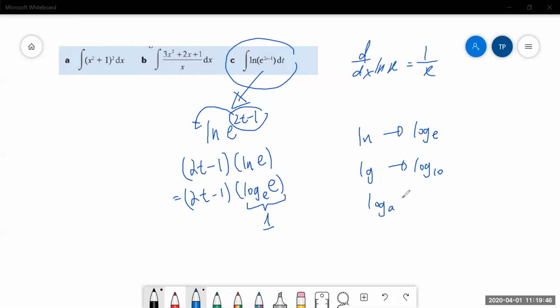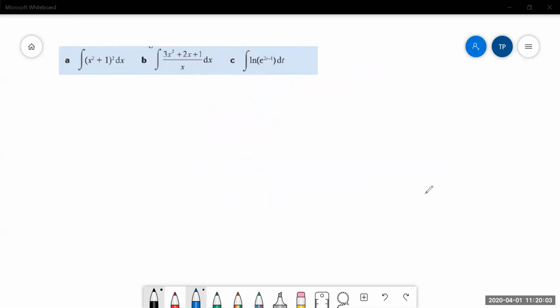Log base a of a equals 1. Log base b of b equals 1. Log base smiley face of smiley face is 1. So can you solve this? I'm sure you can, right? Yeah, I can. It's very easy. Oh, fine.